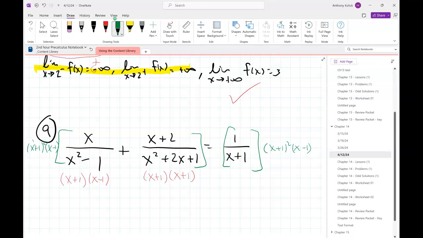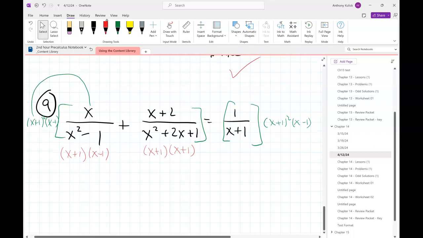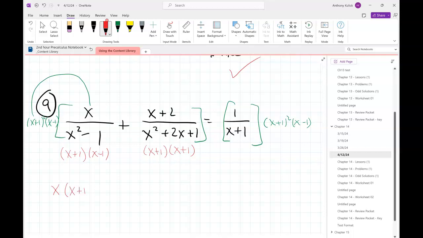So when I multiply (x plus 1) squared times (x minus 1) to the first fraction, what am I left with? I have the x from the numerator and just an x plus 1. Everybody's cool?